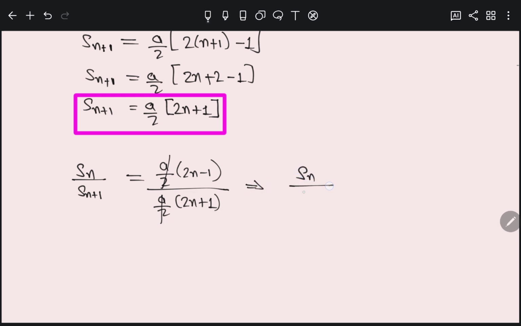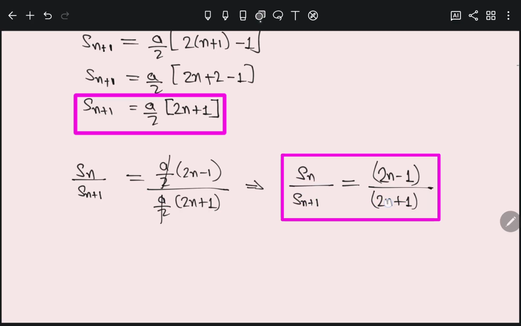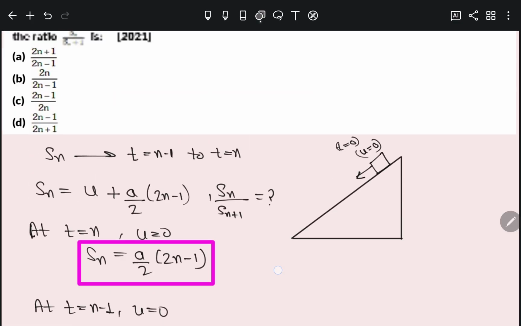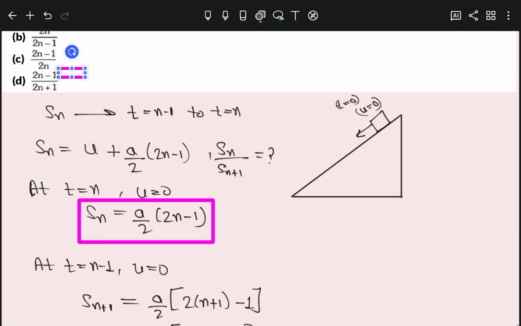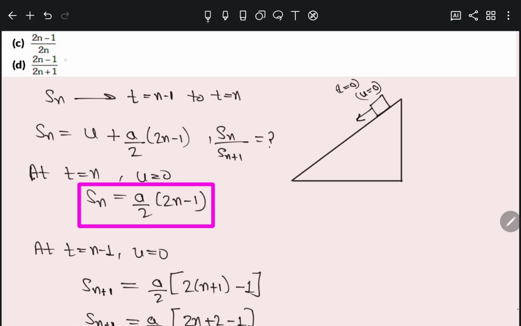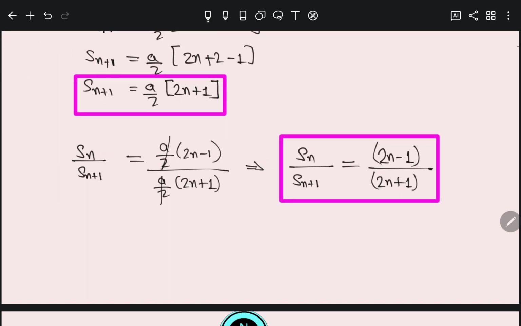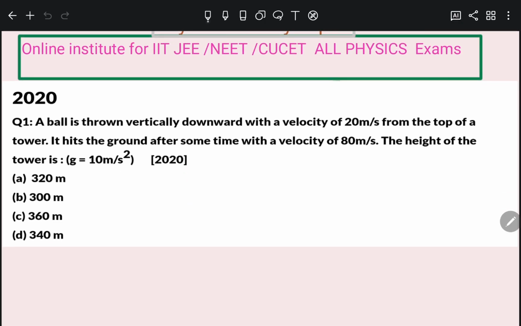So Snth upon S n plus 1 is 2n minus 1 upon 2n plus 1, right? So which option is matching? Option D is the correct one. Hope you are able to understand this concept in a very easy and systematic way, right?